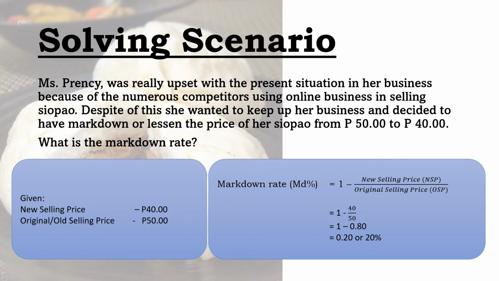Dividing 40 by 50 will result to 80 hundredths. So 1 minus 80 hundredths is 20 hundredths or 20%. 20% is the markdown rate from Miss Prency's Shopao business.